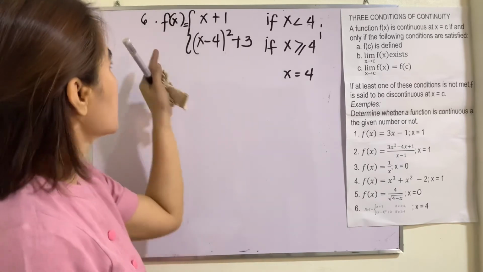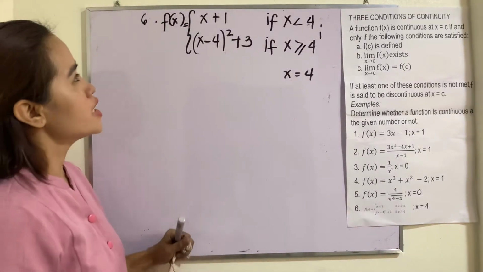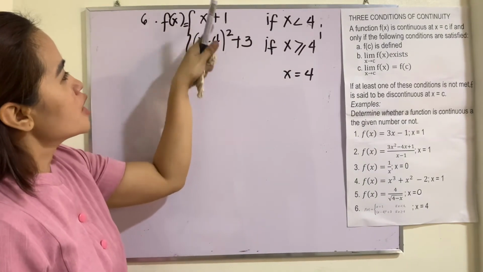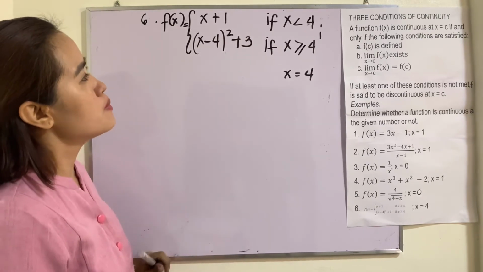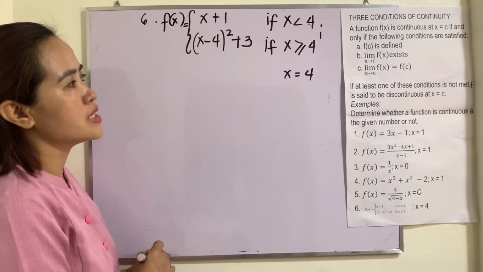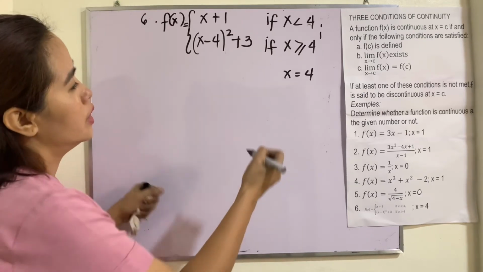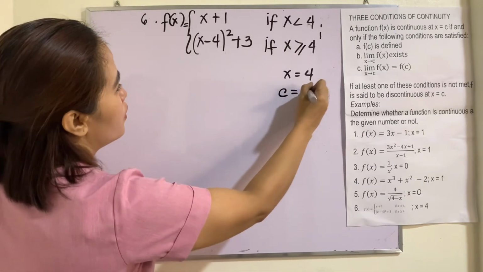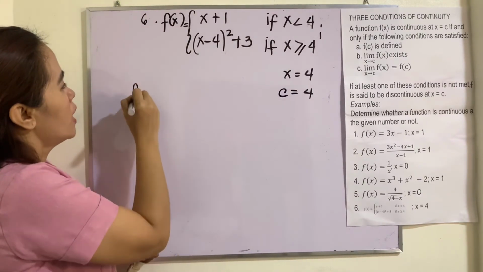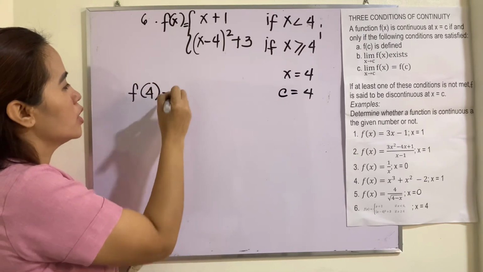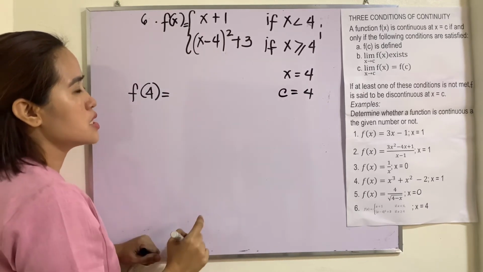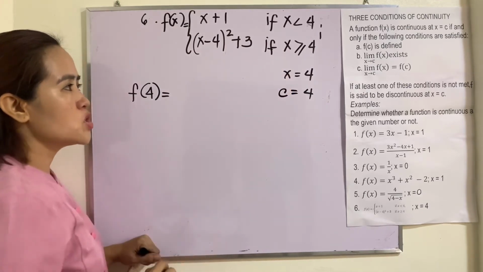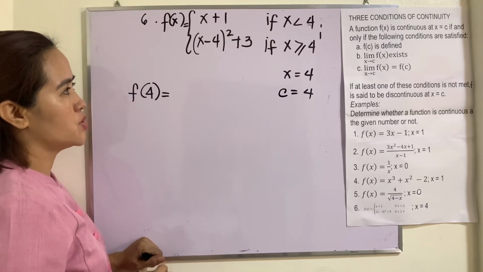Example number 6. We have here a piecewise function: f of x equals x plus 1 if x is less than 4, and quantity x minus 4 squared plus 3 if x is greater than or equal to 4. So our c is 4. So f of 4 is equal to, we will be using, of course, the second expression since the condition is x is greater than or equal to 4.